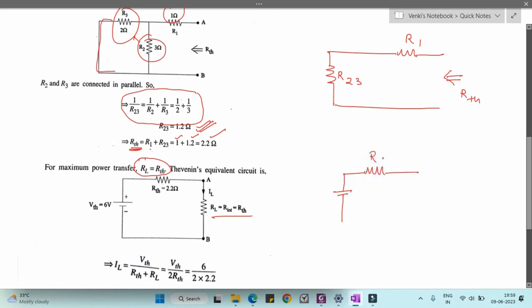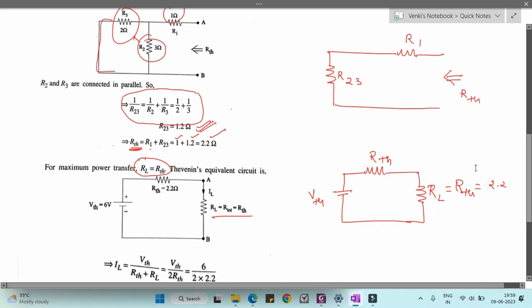That resistance is the R Thevenin and that voltage source is the V Thevenin. This is what we have drawn here. Finally we connect a load resistor, RL. The RL value is also equal to R Thevenin, which is 2.2. This is the final circuit.